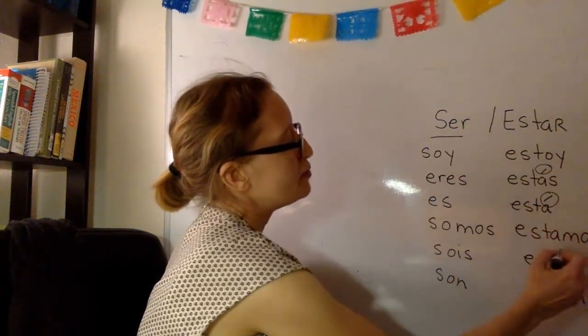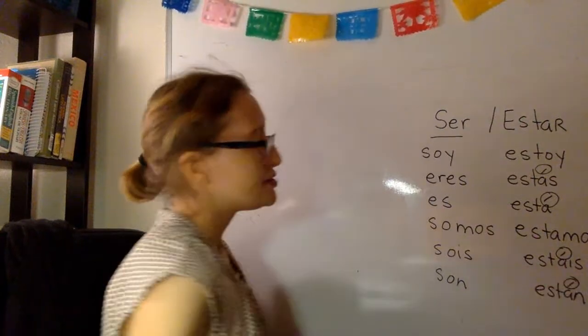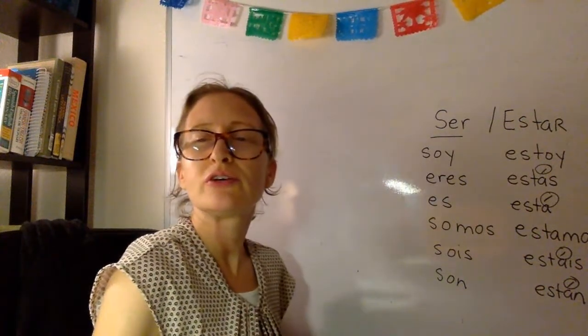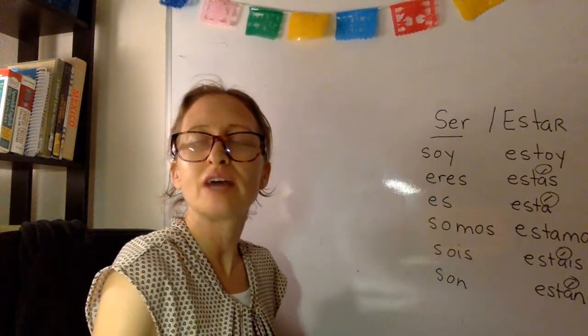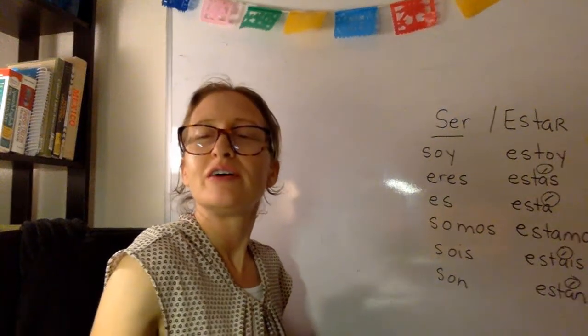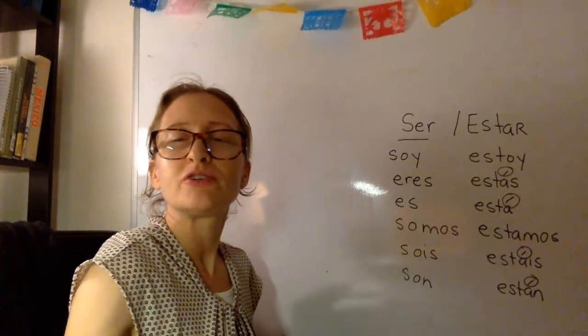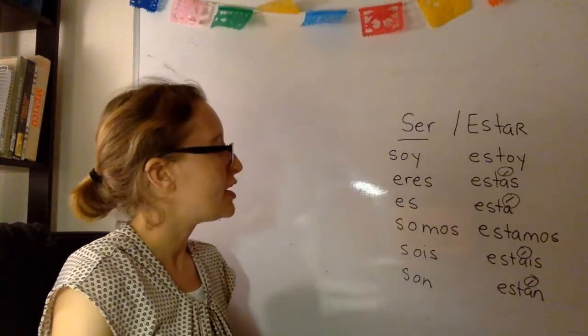The accent is very important. You should memorize the accent marks when you learn a new verb. When you learn a new word, whether it's a verb or a noun, you should learn where the accent goes, if there's an accent in the word.